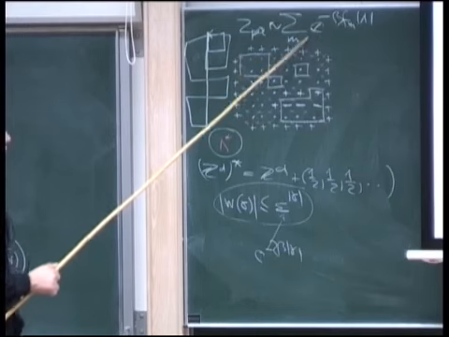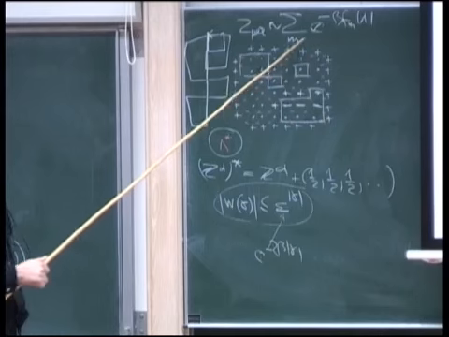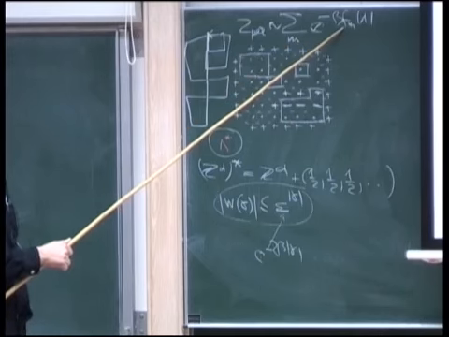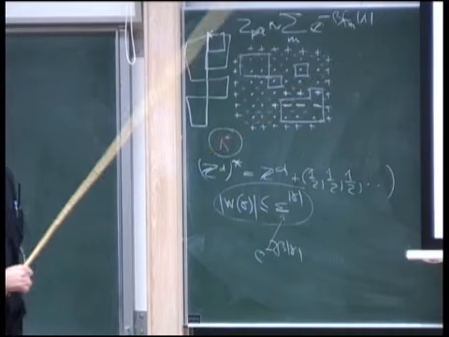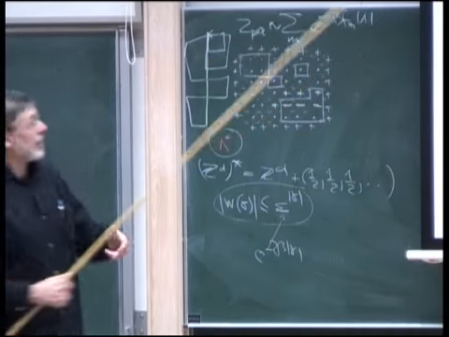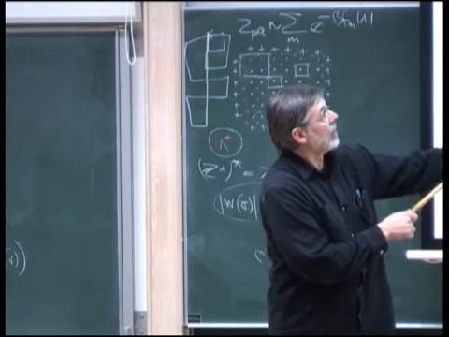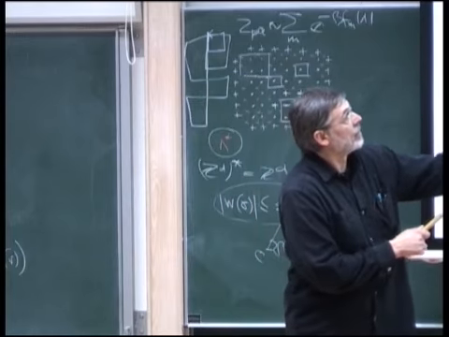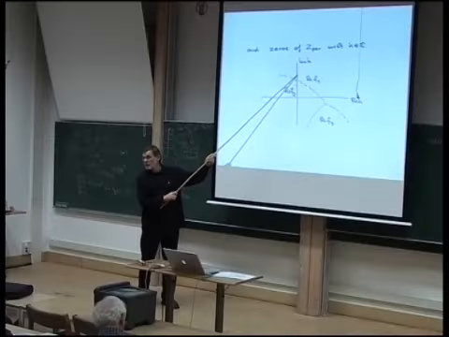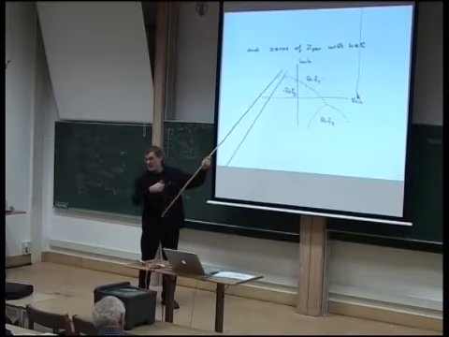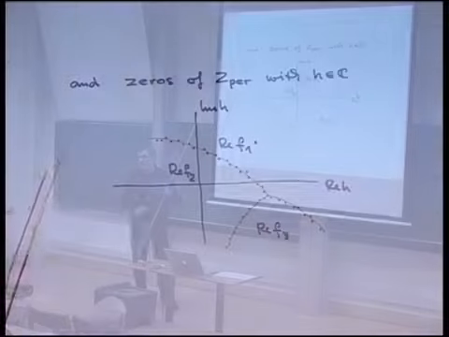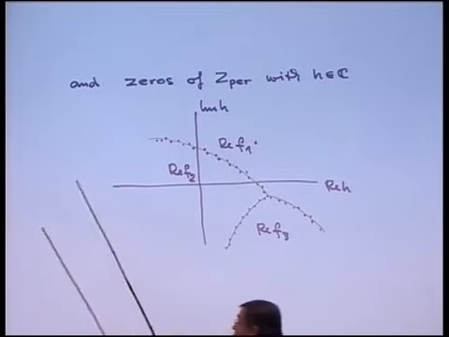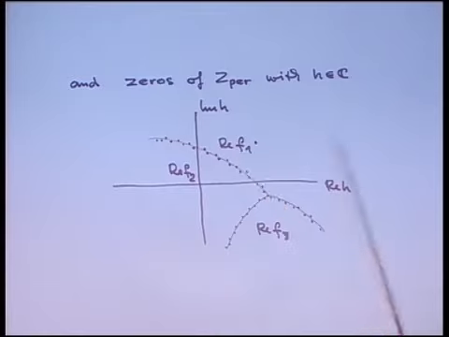So when these terms have the same absolute value, so the real part of F_m is the same, and then the imaginary part, as you move along this line where the real parts are the same, is giving you zeros. Okay? Then the fluctuations of the imaginary part are giving you zeros, and you can compute the density of zeros and things like that.